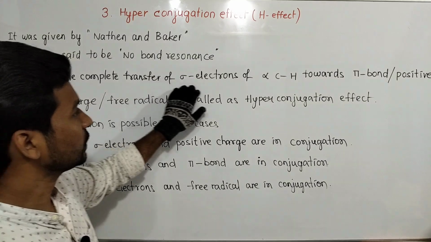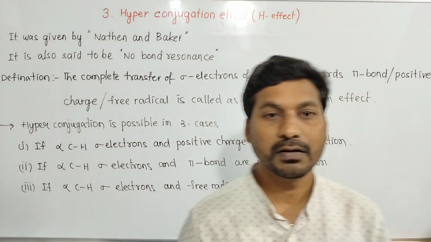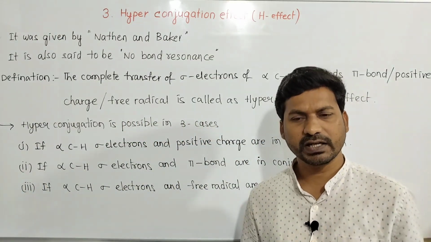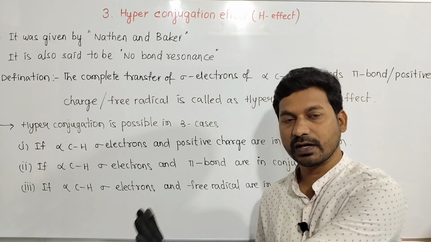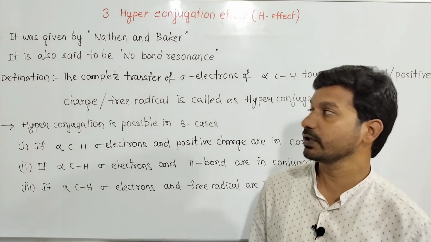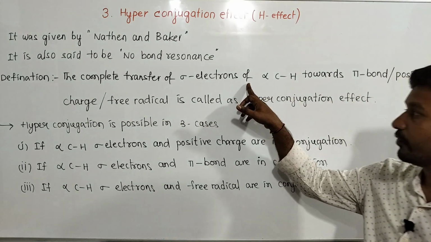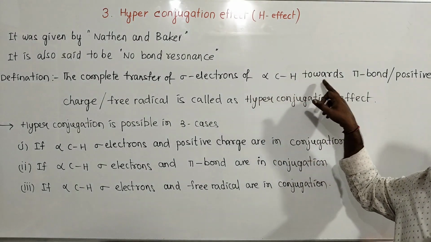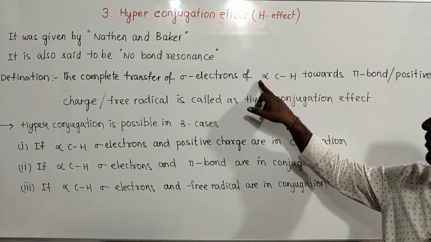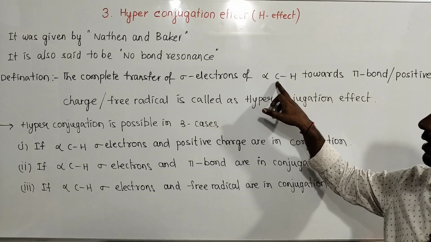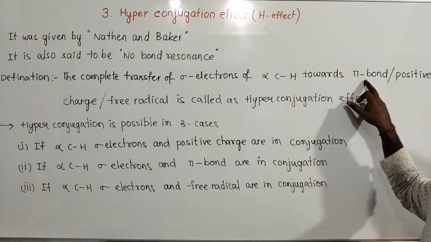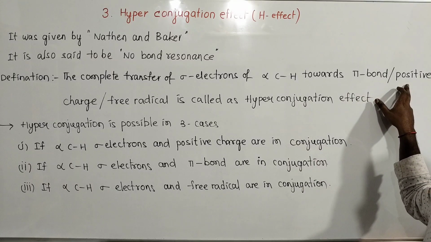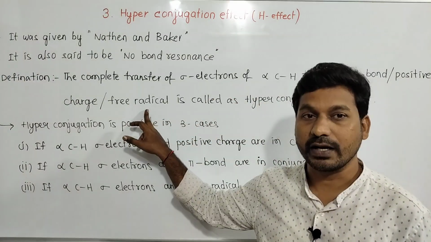The complete transfer of sigma electrons. Complete transfer. In the inductive effect, it is just a shift of electrons, just moving towards one atom. But here there is complete transfer of sigma electrons of the alpha carbon C-H towards a pi bond, or towards a positive charge, or towards a free radical.